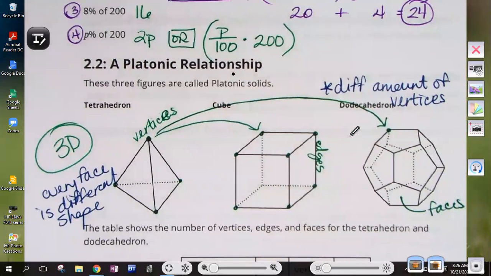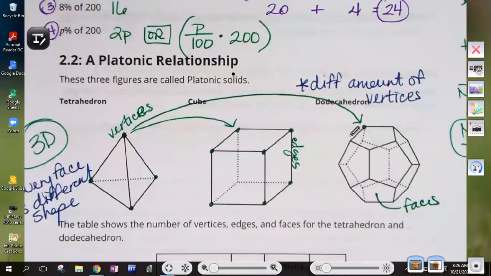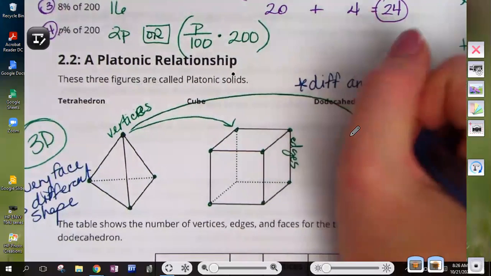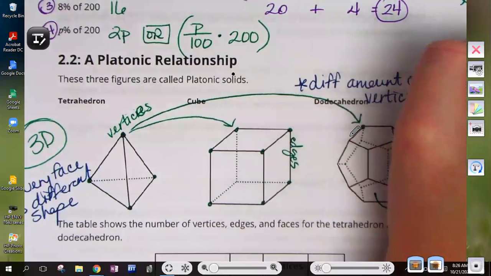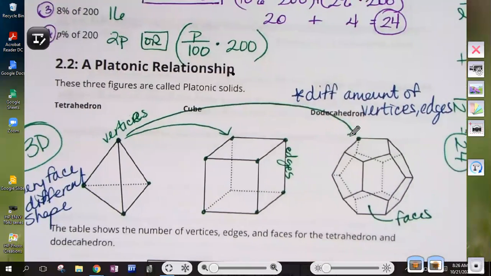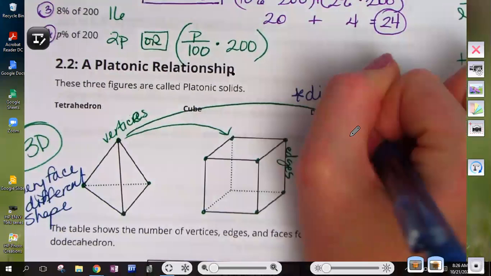Liz, they have different amount of edges. Different amount of edges. Just going to add edges to the end of that sentence. Different amount of vertices, edges. What else? The faces. And faces. Good.